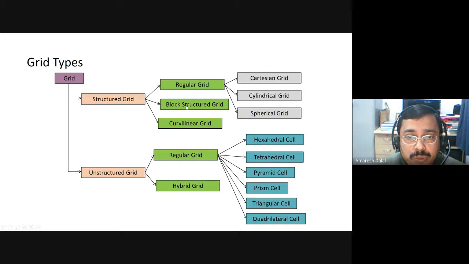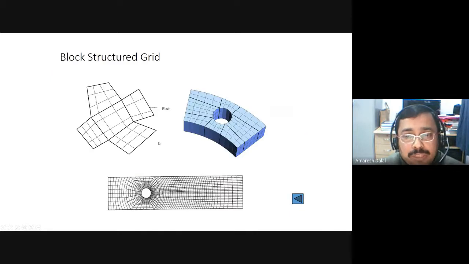Whereas in block structured grids, if you have a complex geometry, then we divide the domain, and in each block or each zone, we generate the grid, and at the interface we make the continuity. So for complex geometry, we can generate the structured grid using these zones or blocks.